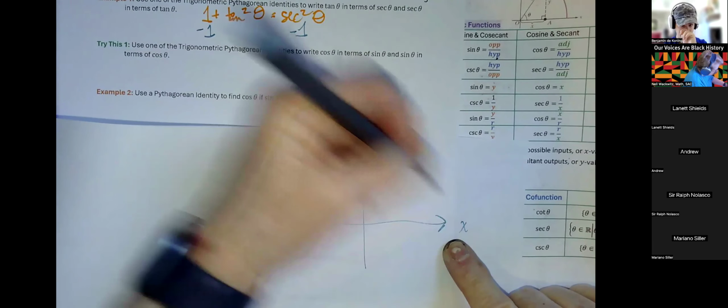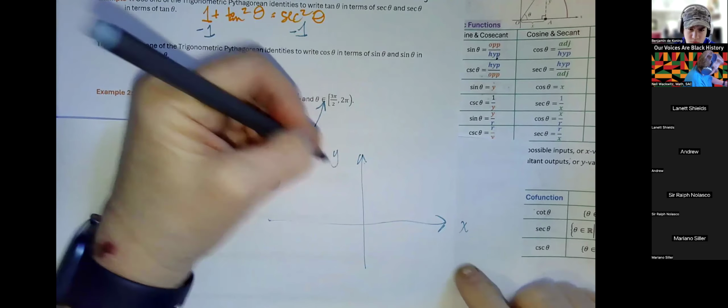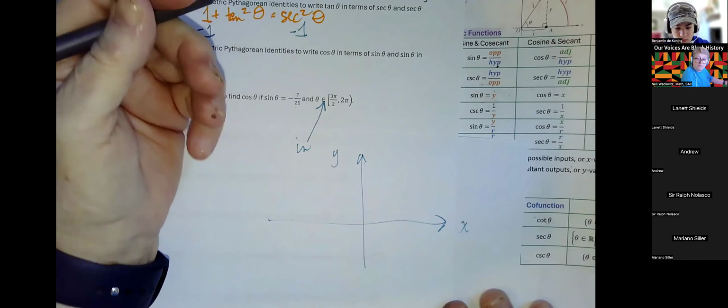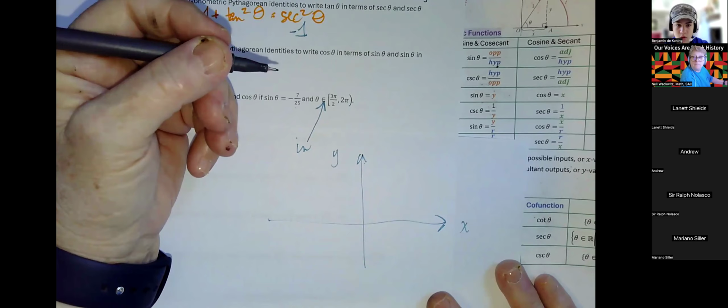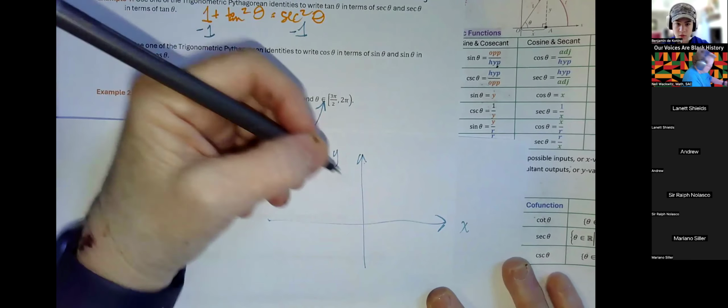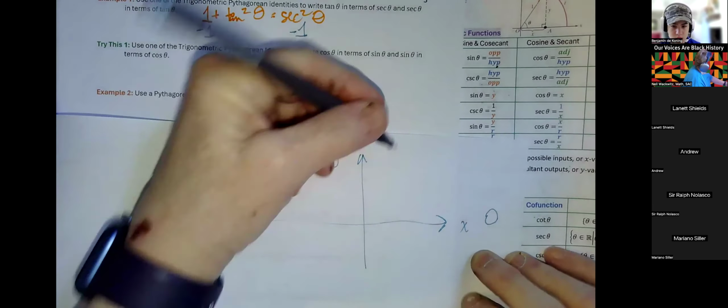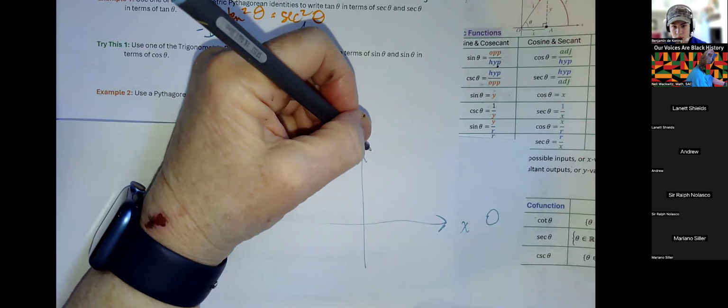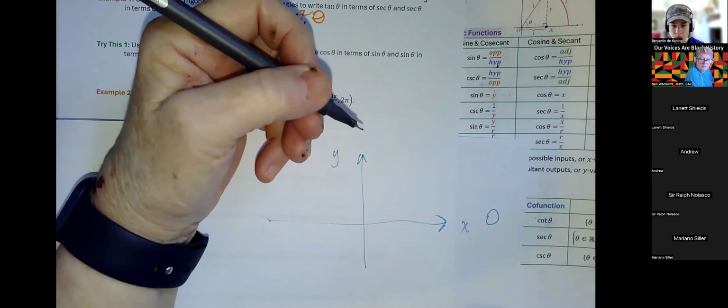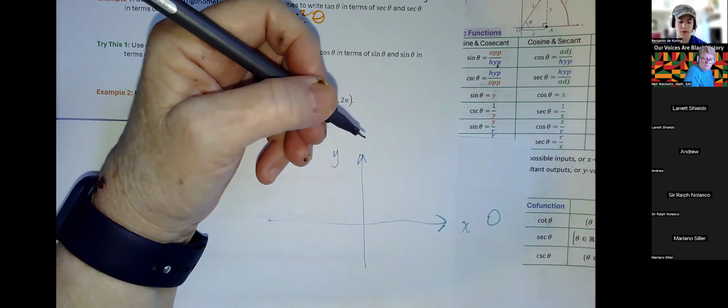Where do we start? Which side do we start? Oh, the positive x side. Good. So we've got 0 here. And what's up top? In radians, pi over 2.